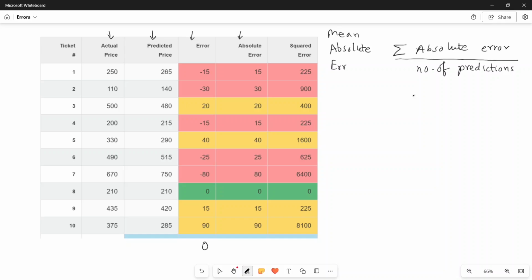Mean absolute error, abbreviated as MAE. So this is mean absolute error.